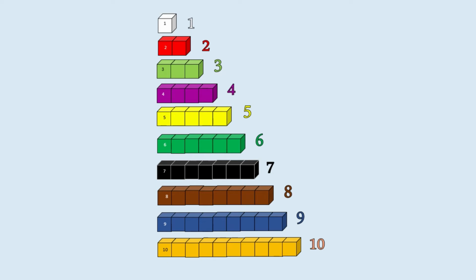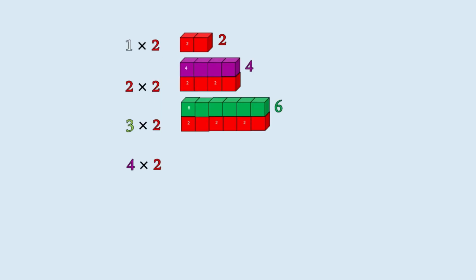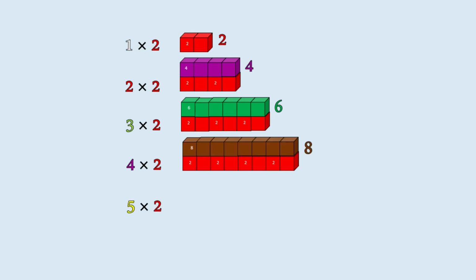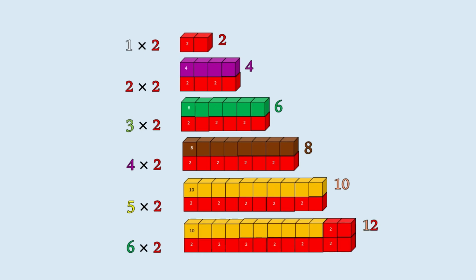Next, ask your child to work on the times 2 series, which is 1 times 2, 2 times 2, 3 times 2, and so on up to 10 times 2. Using the red bars, ask your child to find the matching bar each time you add another red bar, and write the answers down as you go.